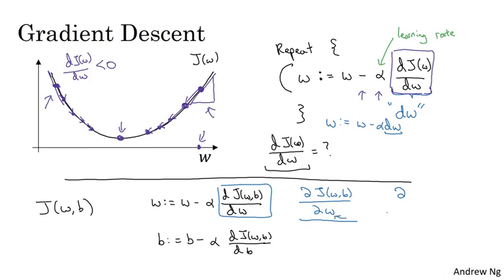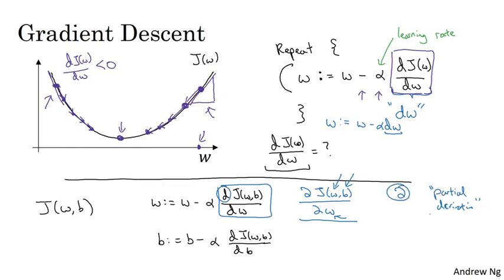how much that function slopes in the w direction. And the rule of the notation in calculus, which I think isn't totally logical, and just makes things much more complicated than they need to be, is that if J is a function of two or more variables, then instead of using lowercase d, you use this funny symbol. This is called a partial derivative symbol. But don't worry about this.